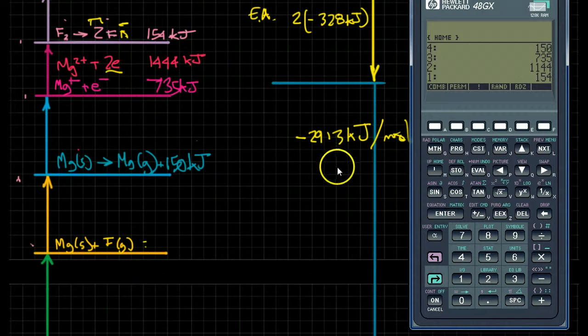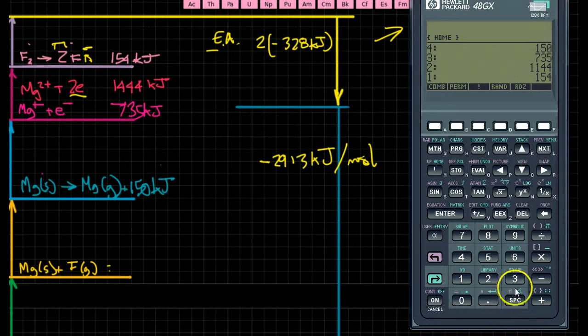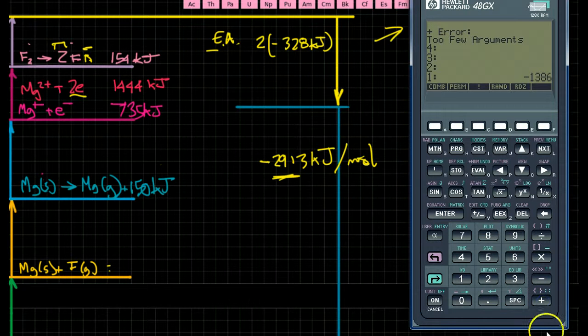And then, oh yeah, electron affinity, so we're going to have negative 328, and that happens twice, right? So I'm going to say 2 times negative 328. And the last thing is negative 2913, right? Because this reaction of forming that salt kicks off a lot of energy. Okay, and now I'm going to just total the whole thing up. Plus, plus, plus, plus. Oops, too many. Okay, anyway, 1386.